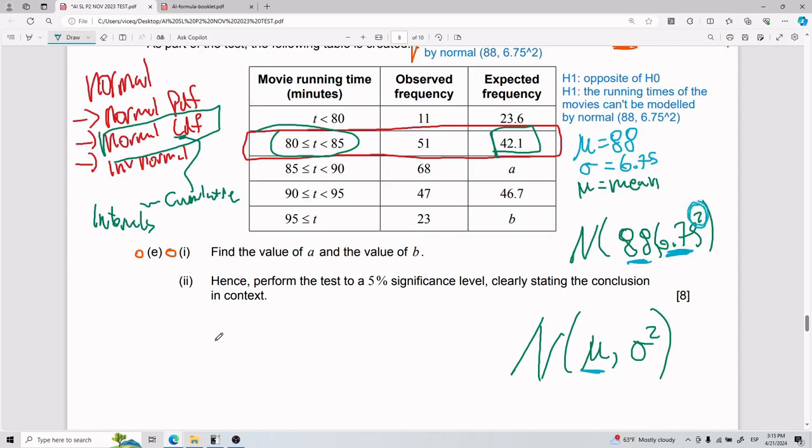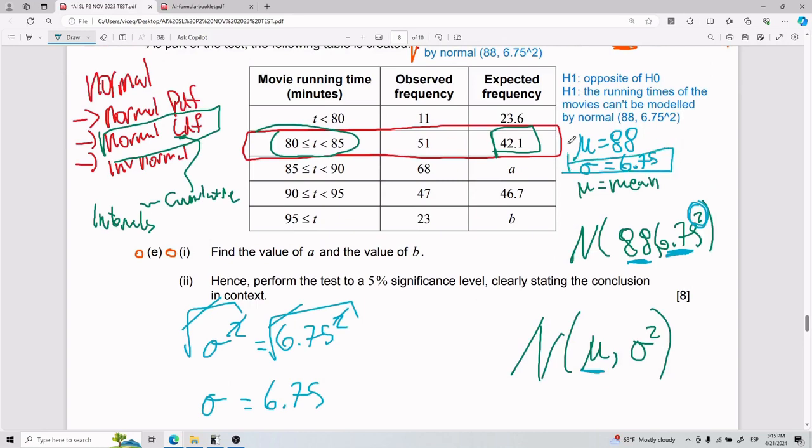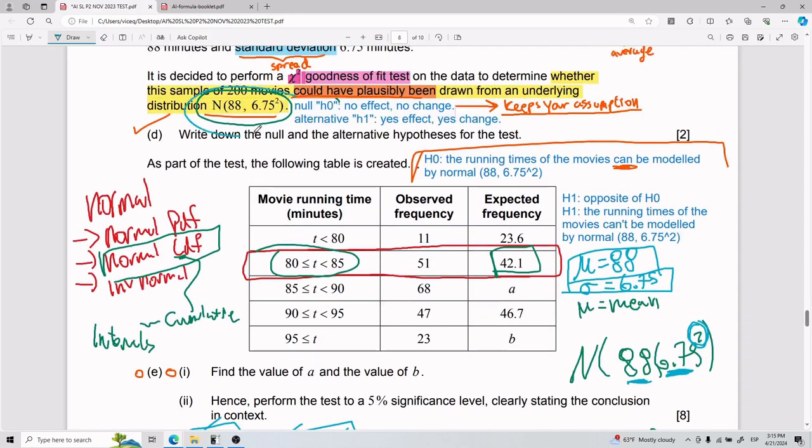So to get this, you can do square root. This goes away with this goes away with this. Standard deviation is 6.75. So that's how we figured out standard deviation is 6.75. It's all given to you right there.